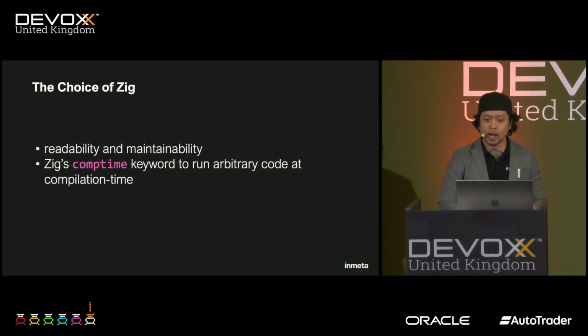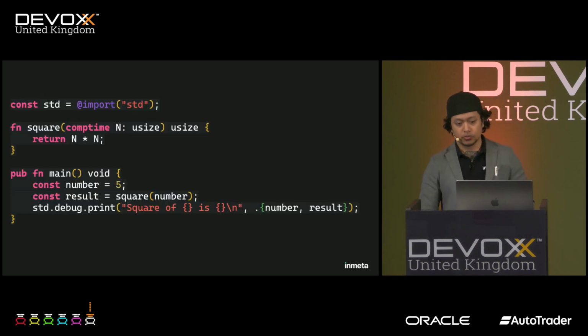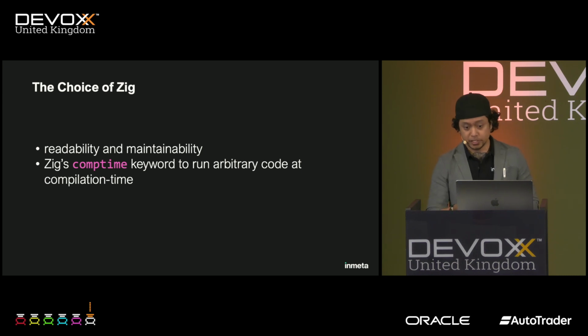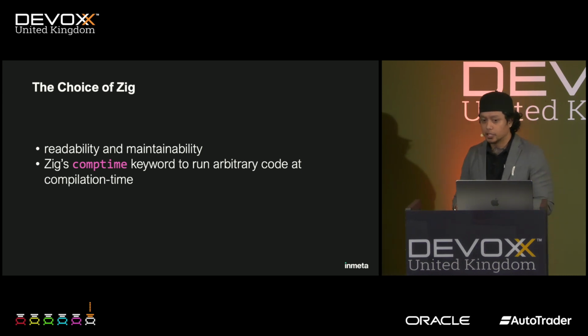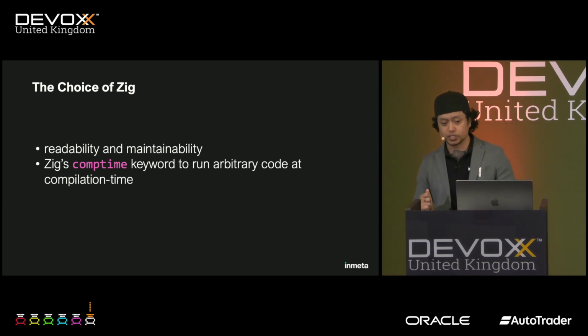And why did the creator of Bun choose to build it on top of Zig? Jarred said mainly because of its readability and easy-to-understand nature, which helps him write performant code.